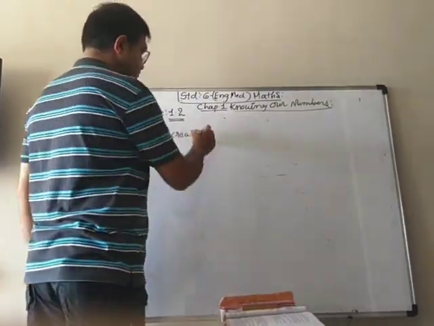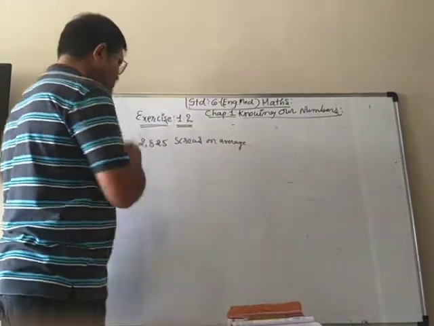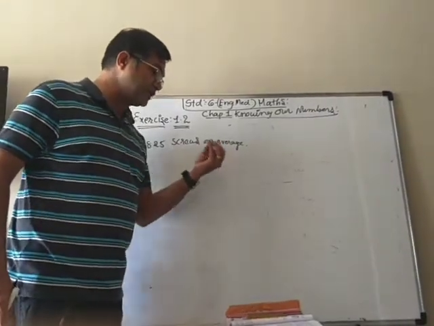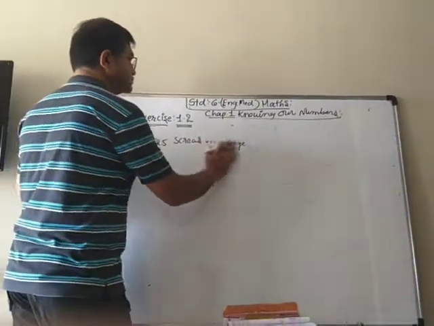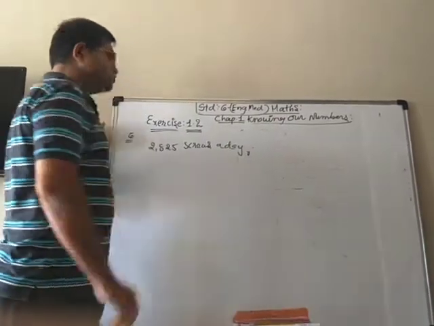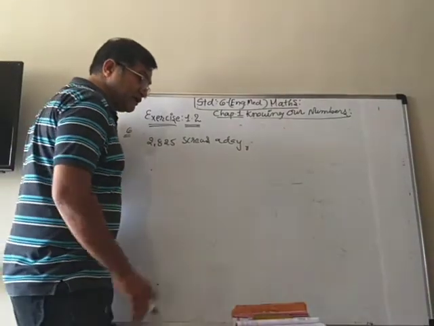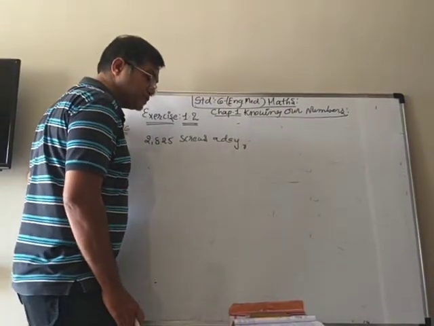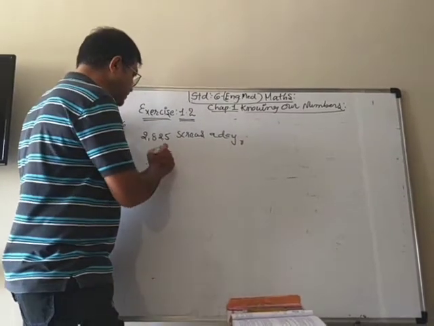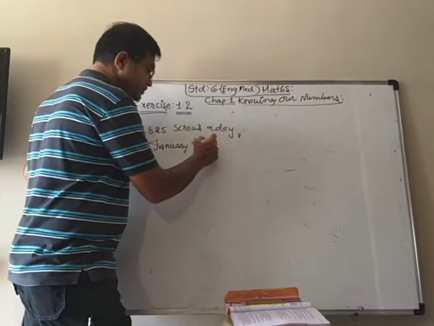On average means every day, almost, they make 2,825 screws a day. And then we have to find how many screws it produced in the month of January 2006.